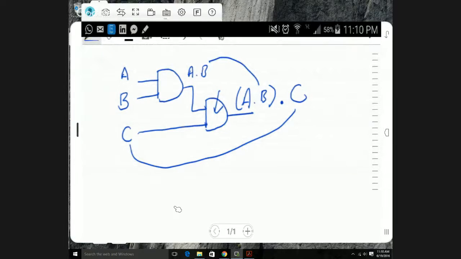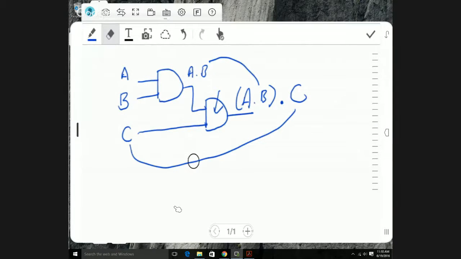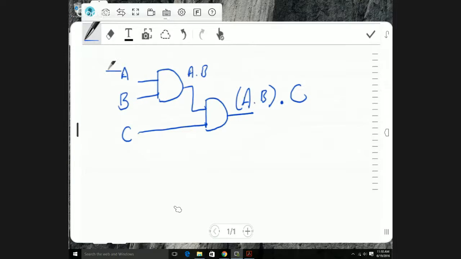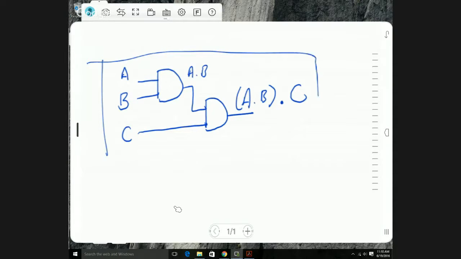So this will become the equation. Now this is the equation, this is the circuit.